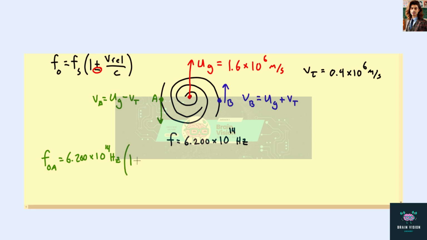And then we multiply that by 1 minus, because it's moving away from us, the relative velocity. Well, that's VA, which if we plug in the speed of the galaxy, 1.6 times 10 to the 6th, minus that tangential, 0.4 times 10 to the 6th, then we'll see that this relative velocity is 1.2 times 10 to the 6th meters per second. And divide that by c, the speed of light, 2.9979 times 10 to the 8 meters per second.